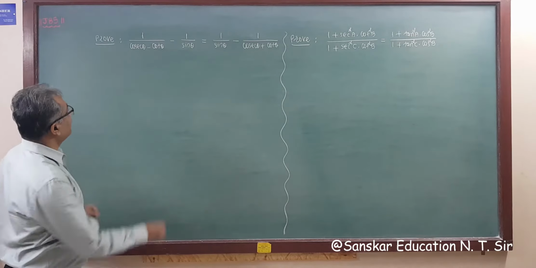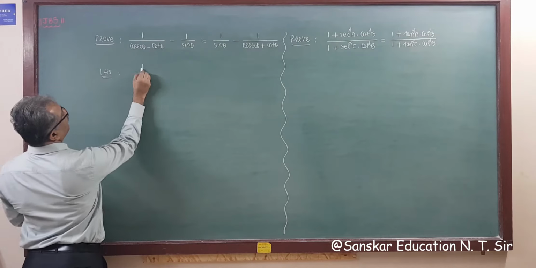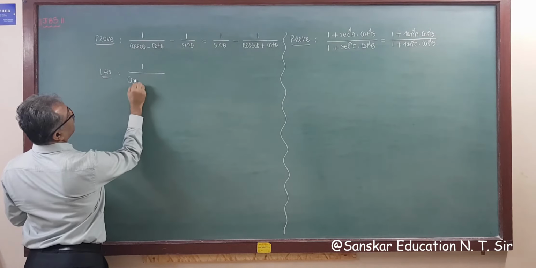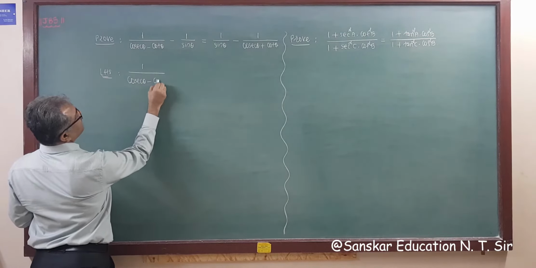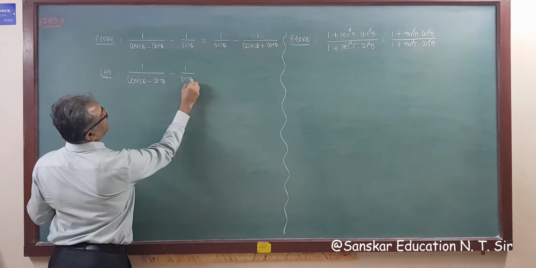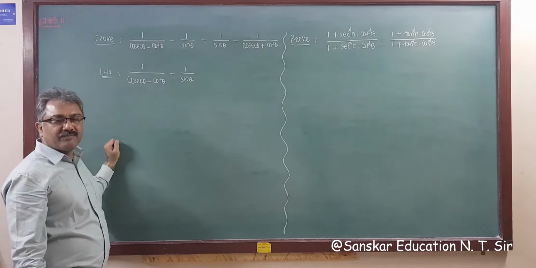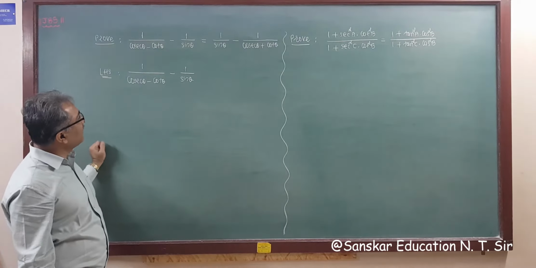Starting from the left hand side, the left hand side is given as 1 upon cosec theta minus cot theta minus 1 upon sin theta. Now there is no way, nothing we can do here.